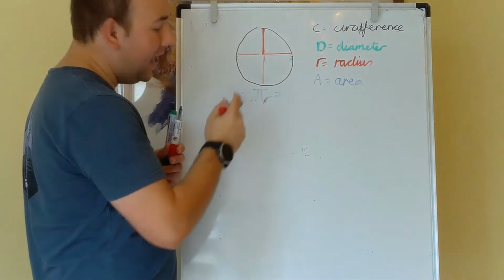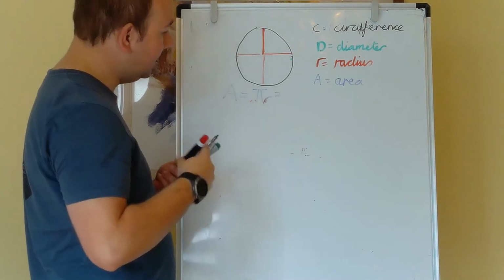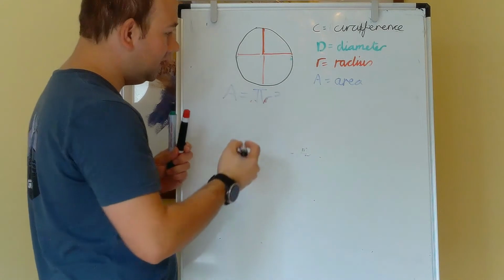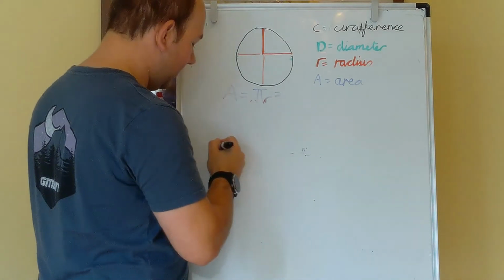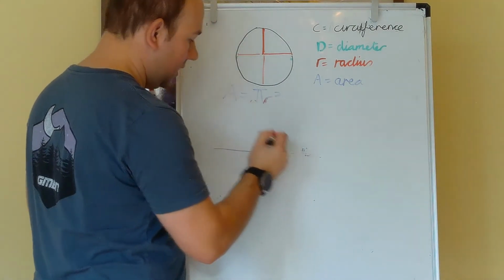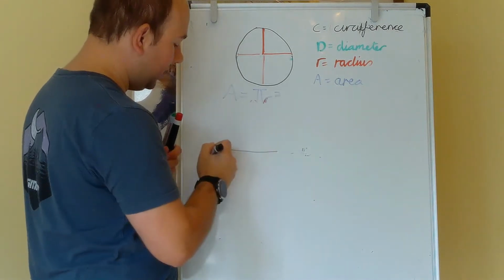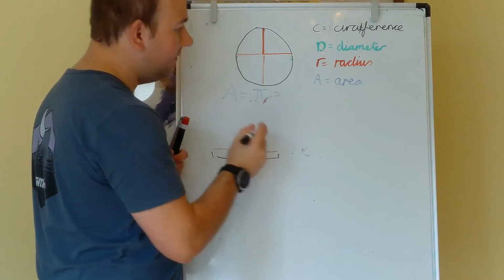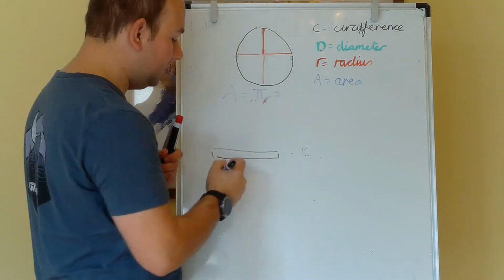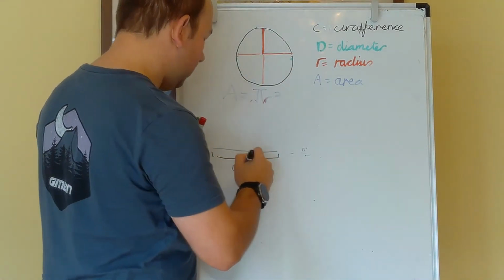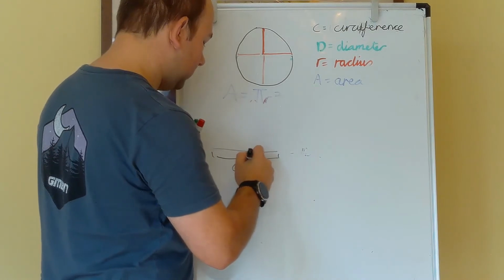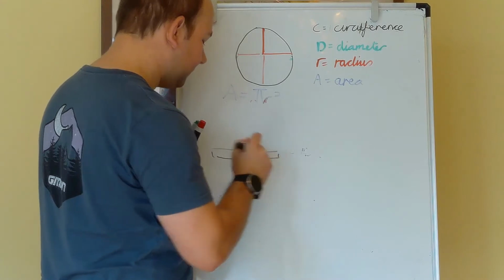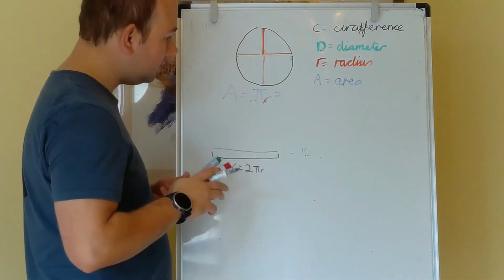If we take this circle and unfold it, so we straighten out the edge, we have a straight line, and this straight line will have a length equal to the circumference of the circle, which was c, which was 2 pi r.